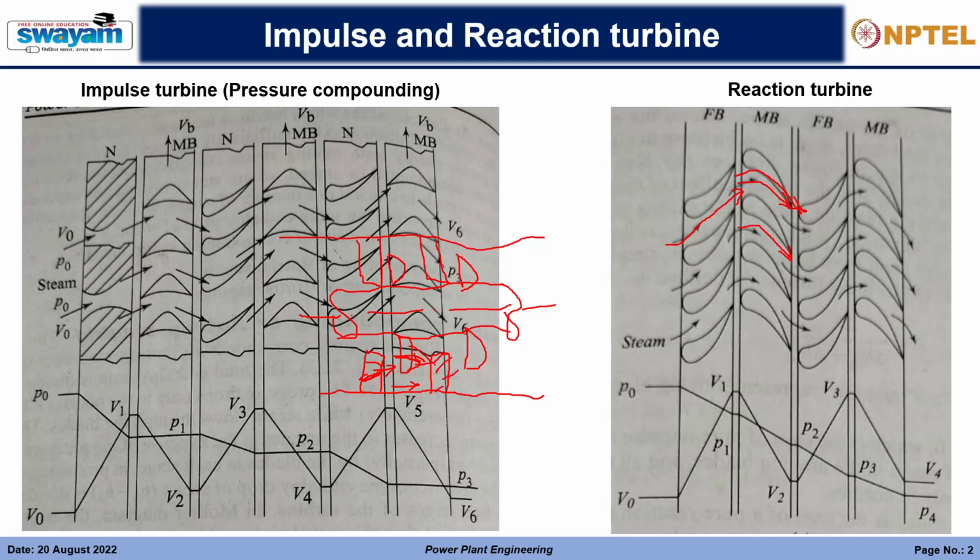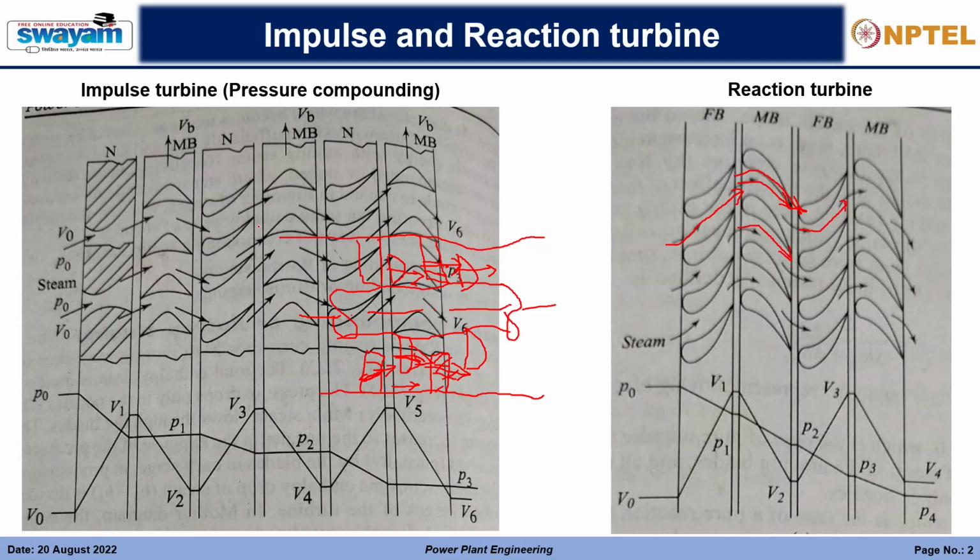It also has some compartments through which the steam can move. I'm drawing here: the steam passes through here, and again through here, and directly goes to the second turbine blades, the second stage blades. So this is how it moves in the fixed blade.